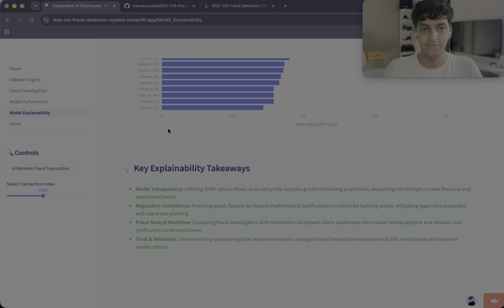Till then, this was the project which I built using past data to signify whether upcoming fraud will be predicted, yes or no. Now comes the trust and validation part. This is demonstrated using consistent global information from various banks, and also local transactions, which have been broken down into institution-confidential model rollouts.